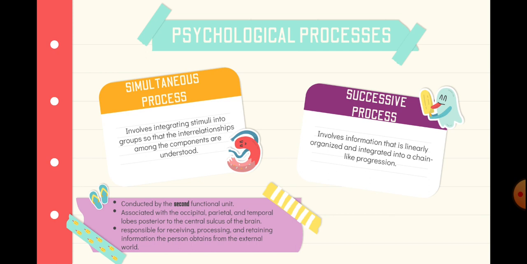So, an example for this process: have you ever encountered a quiz which asks questions like A is the father of B, who is the friend of C, who is the cousin of B. So this question we process with the simultaneous process because we connect the subjects of the question, which is A and B and C and father, cousin, grandma, to see the connections between each subject to each other.